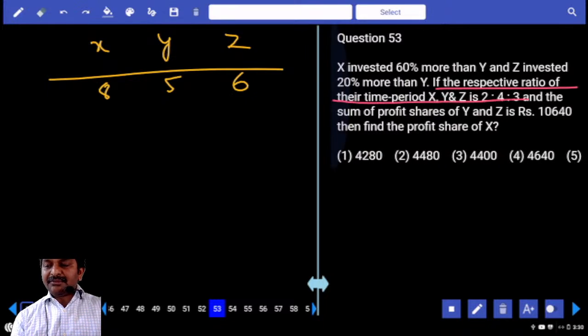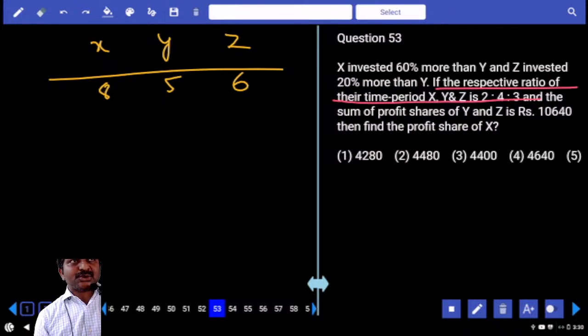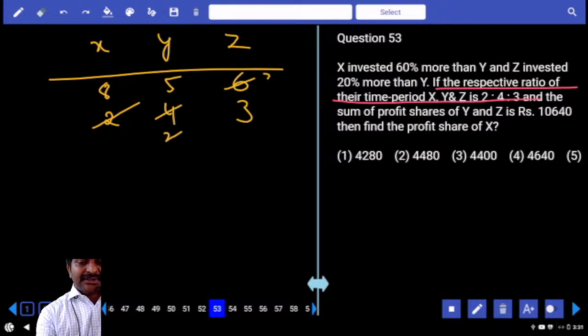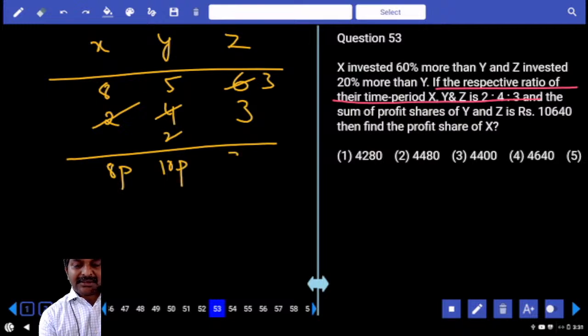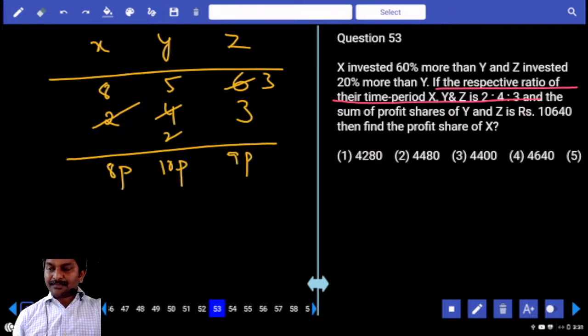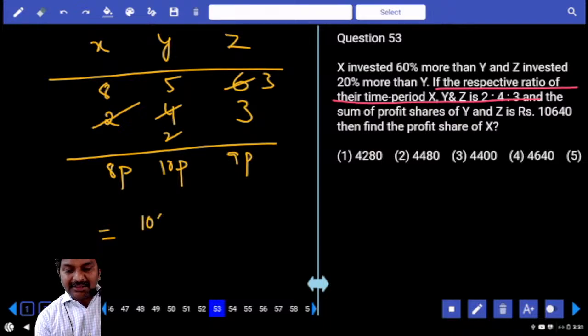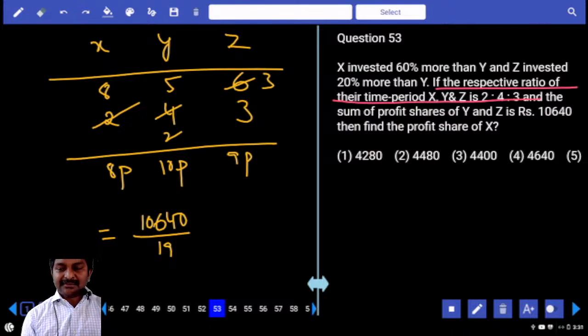If the respective ratio of the time period of X, Y, Z is 2, 4, 3. 2 times, 3 times. This is 8 parts, 10 parts, and then 9 parts. Sum of profit share of Y and Z is 10,640. Y and Z 19 parts. 10,640 is equal to 19 parts, then 1 part is equal to 10,640 by 19.